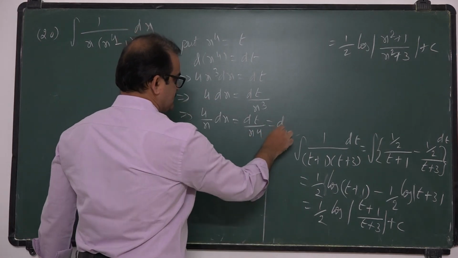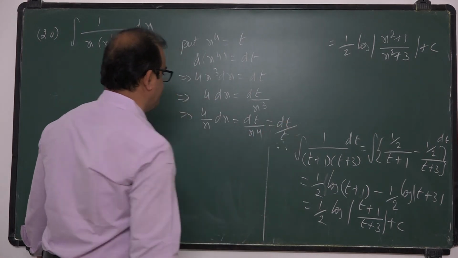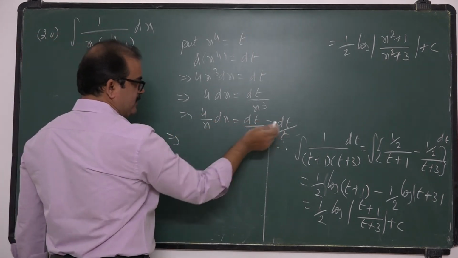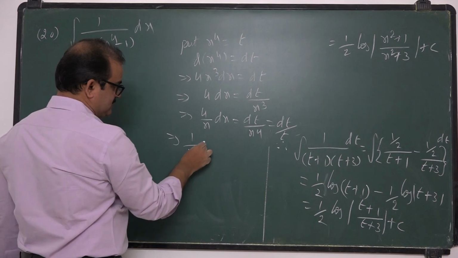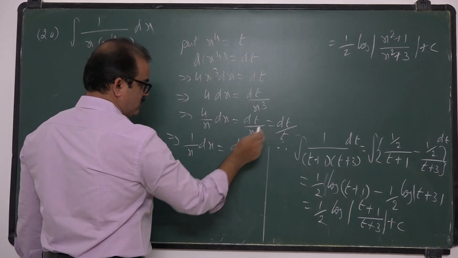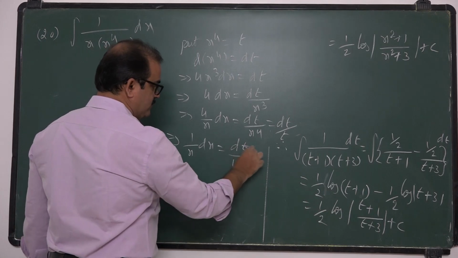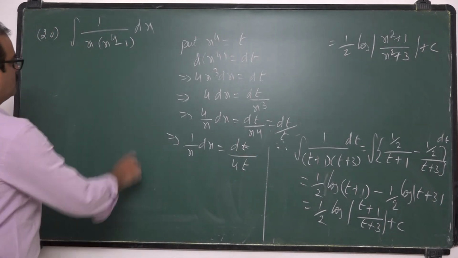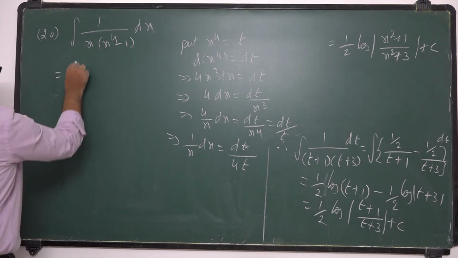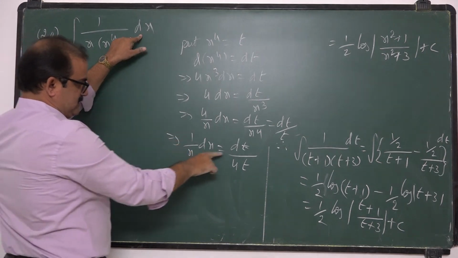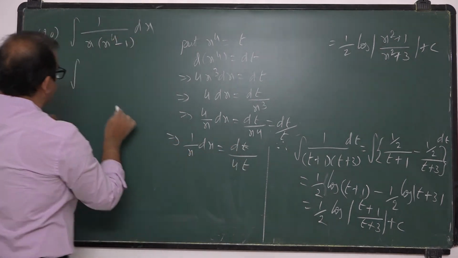So write it as dt by t. 4 by x dx is equal to dt by t. So 1 by x dx is dt by, taking this 4 to the right hand side, 4 into t.